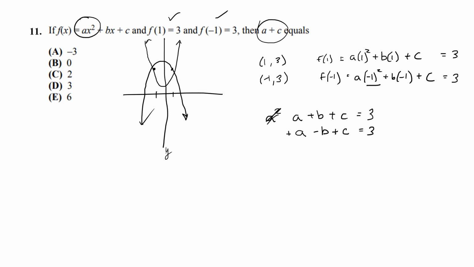And it's asking us what is a plus c. So if we add these two equations, we get 2a, the b terms go away, plus 2c equals 6. If we divide both sides by 2, we get a plus c, exactly what we're looking for, equals 6 divided by 2, which equals 3. And that leaves us with choice D.